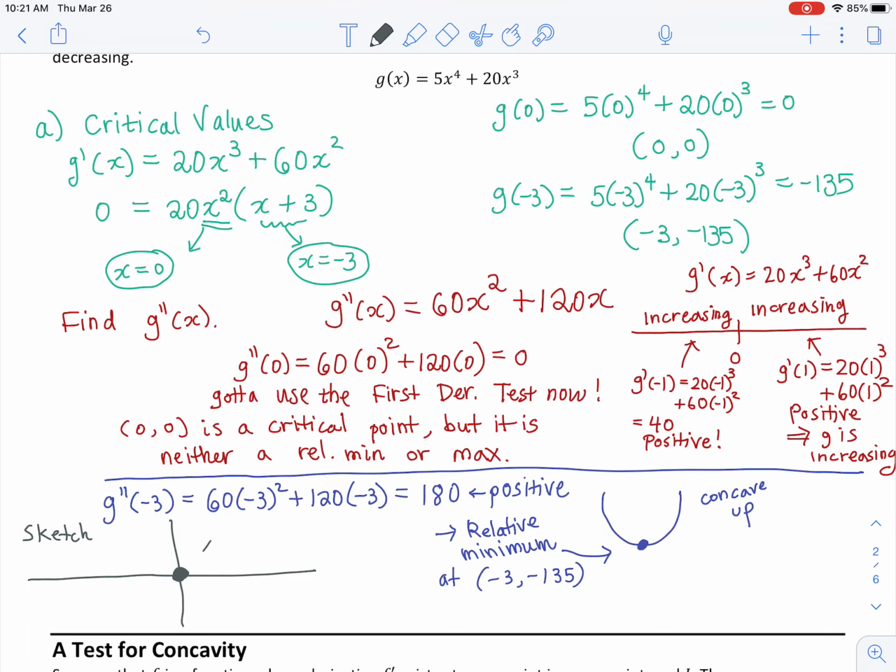Hold on a second. I should probably erase this because my other one was at -3, and I'll just say that is -135. So using the fact that this was a relative minimum, I'm going to have a graph that looks like this right here.